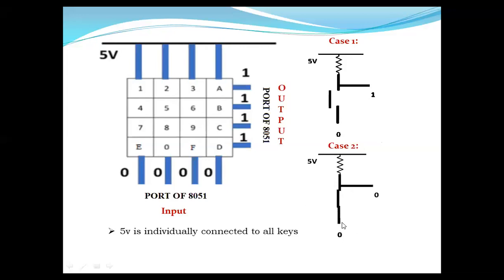So here I'm not having any resistance, so ground will be my output. 0 means ground, so my output will be 0. So whichever terminal is becoming 0, that row and that column will be analyzed, and you will identify what is the key pressed. Okay, so this is how you identify.